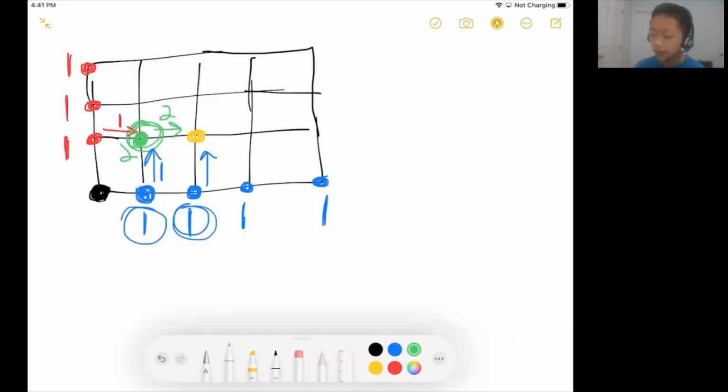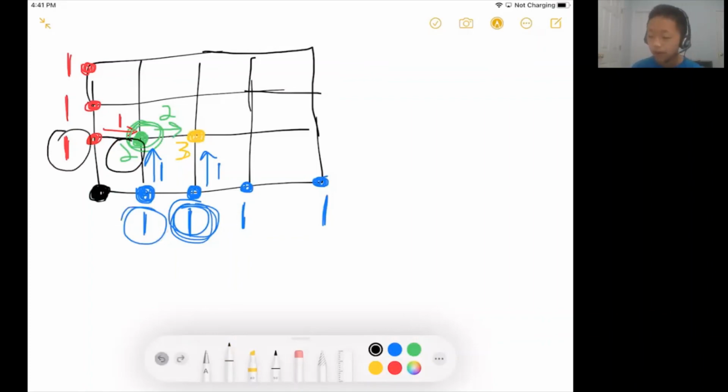And we know that there's exactly one way to get to this blue point, so there's exactly one way to move from the blue point to the yellow point. So then this yellow point has 3 ways to get there. Basically, we can start noticing a pattern. We noticed that this 3 was 2 plus 1, and we found that this 2 was 1 plus 1.